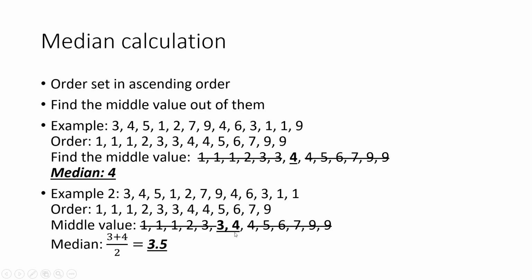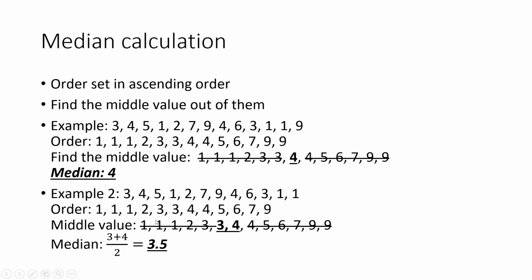Again, it's very important that you order this from lowest to highest. I've made the mistake before where I forget to order them, and it does cost you marks. So you take the 6th value and the 7th value and find the average. In this case, it's 3 plus 4 divided by 2, that's 3.5.